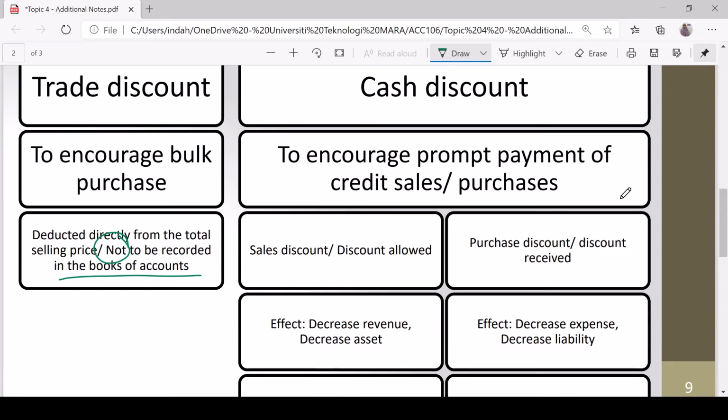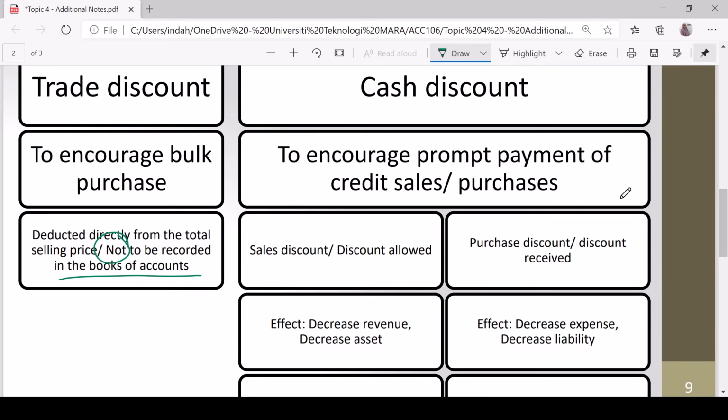This cash discount is to be recorded in the books of account. Why? Because when we make the purchase or when we sold the goods, for that business transaction, we recorded the amount of sales and purchase in full, without any discount.